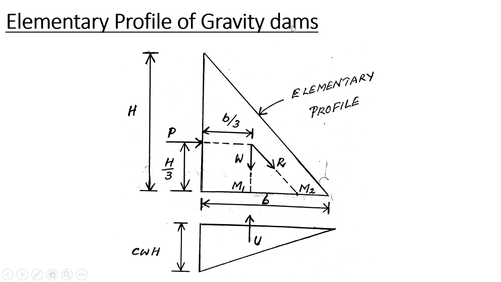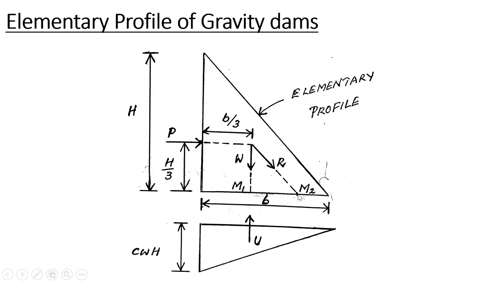So, an introduction to the elementary profile. Elementary profile of gravity dam is of triangular shape with base width small b and height capital H. Here in this diagram, M1 and M2, two key points are marked, where M1 is at a distance of b by 3 and M2 is again at a distance of b by 3.